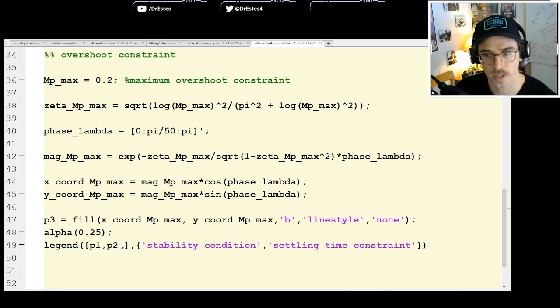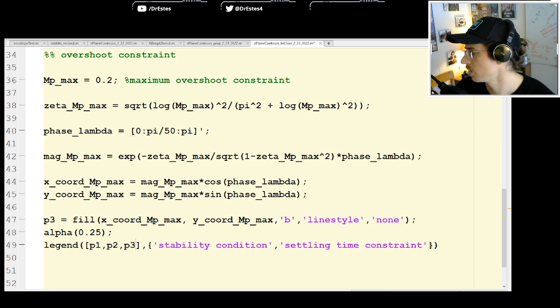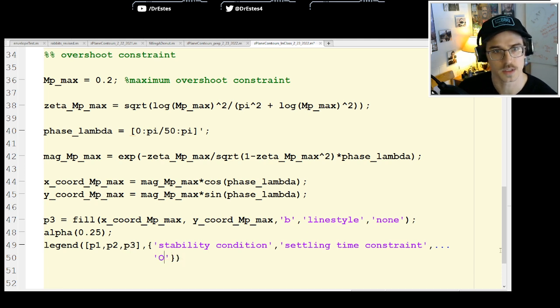So now I'm going to put in P3 and let's put the name here. Because I'm running out of room on this line, you can put a ... and press enter, and it allows you to continue on to the next line. So I'll say this is the overshoot constraint.